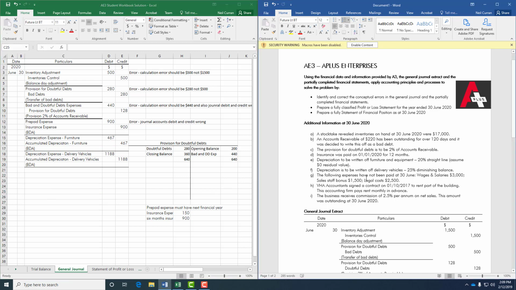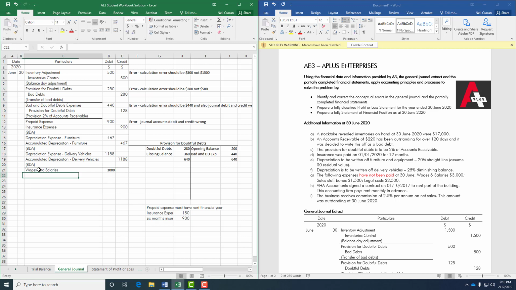Okay, now the following expenses have not been paid. Now the key words here are have not been paid. So that basically represents that you've got an accrued expense because we've got expenses here. Okay, so we've got wages and salaries, you've got $3,000.